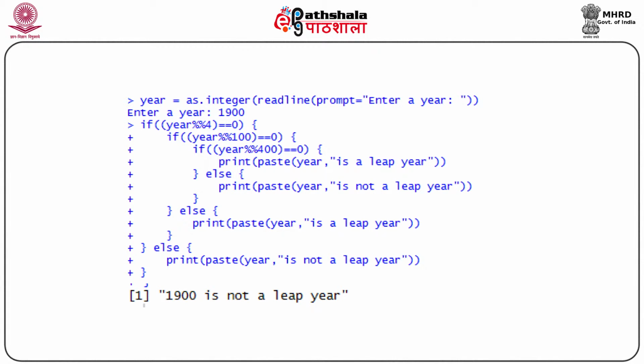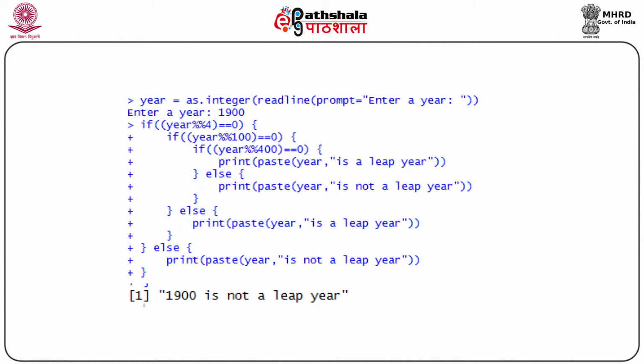Now consider this program. Here we are dividing the year by 400 and trying to see whether the remainder is equal to 0 or not. If the remainder is equal to 0, then we will claim that 1900 is a leap year.